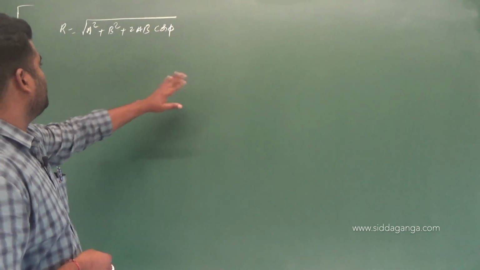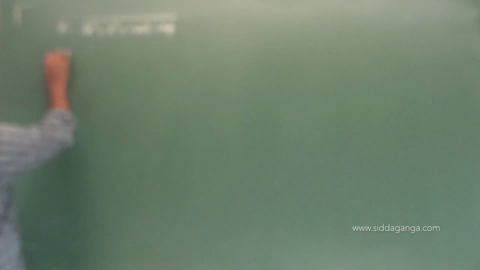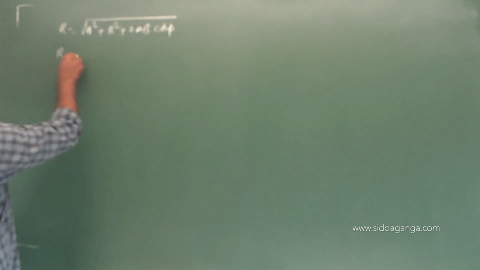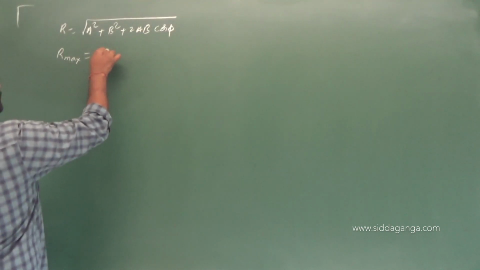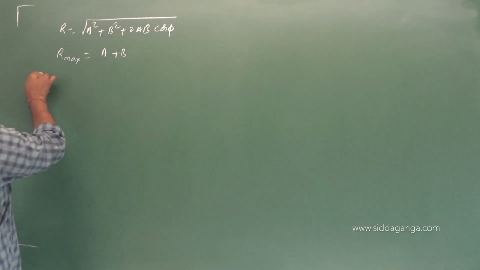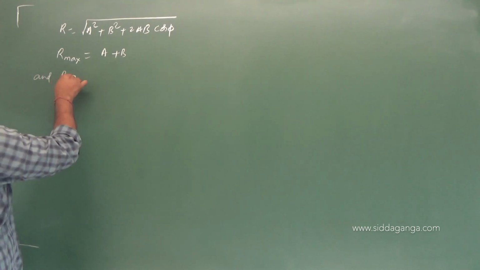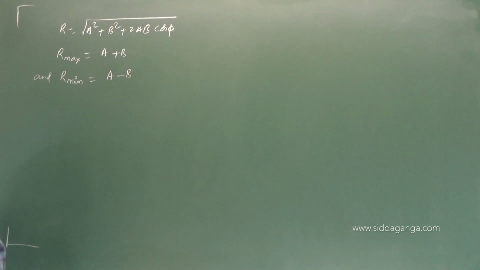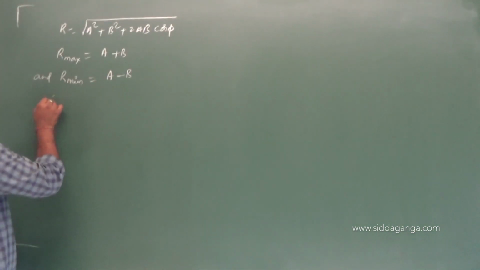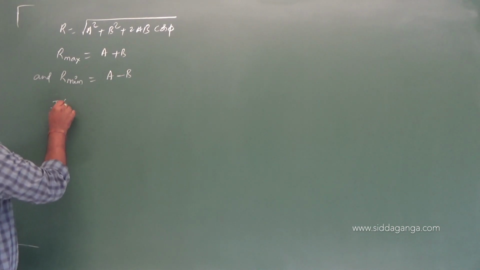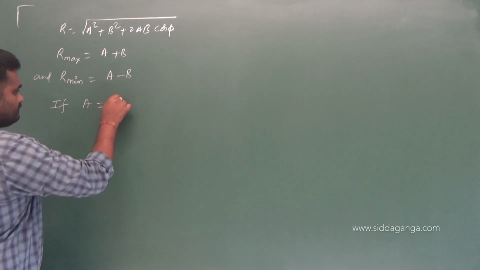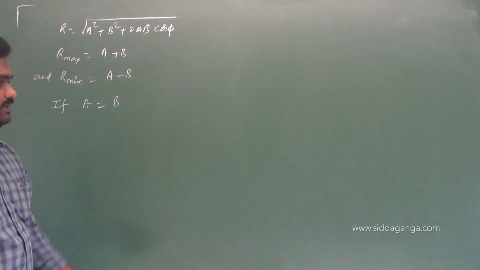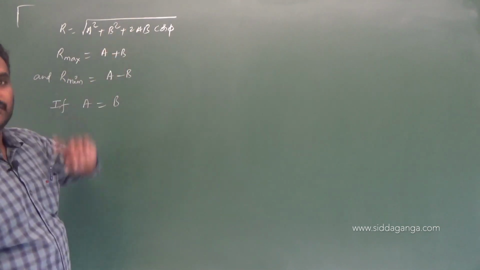So, before going for it, this is the resultant wave we are having. We have written already R maximum equals how much? R maximum equals A plus B and R minimum equals A minus B. In the previous class we have explained this R maximum and R minimum. Also, if A and B are equal, for example, if A equals B, then how to write the resultant amplitude?